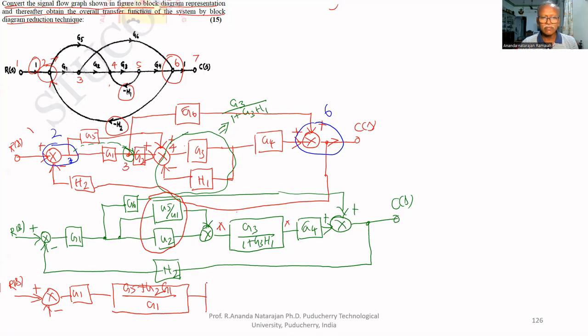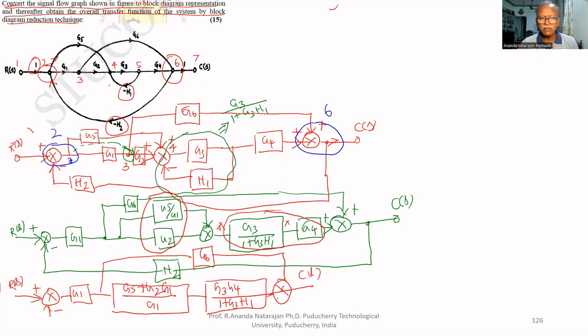Then with that, we can combine this and this. So G3, G4 divided by 1 plus G3H1, C of S. One more block is there, that is G6.